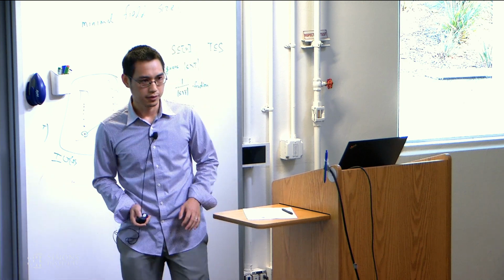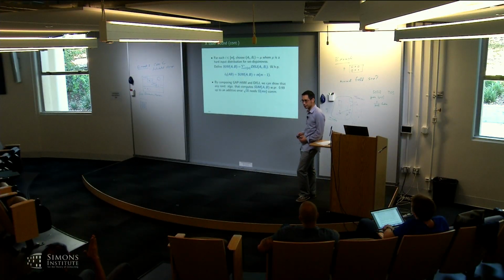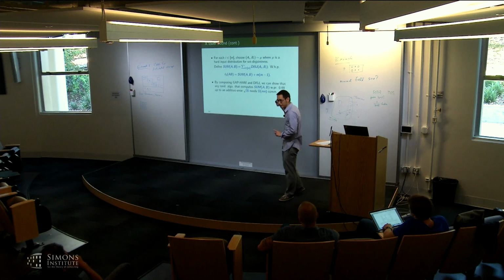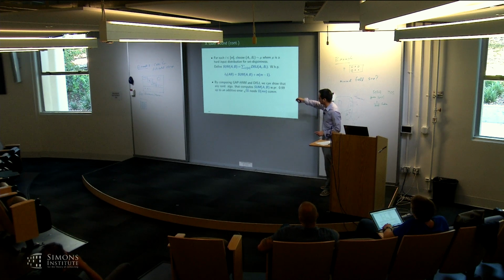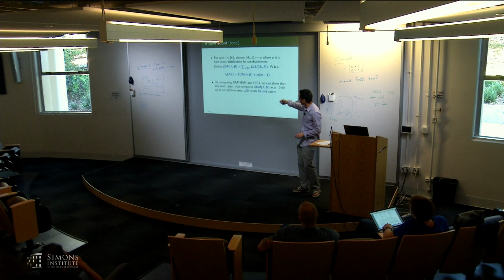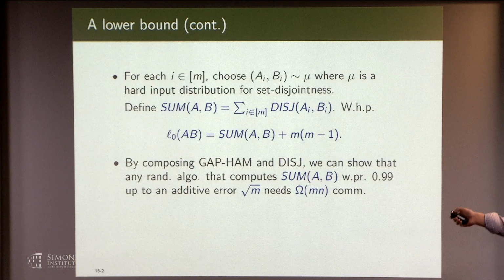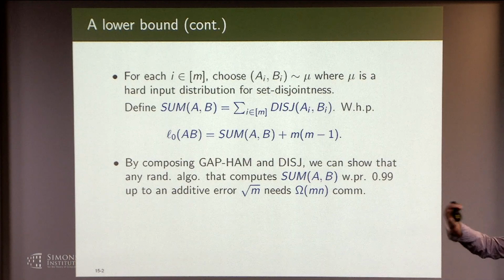Yes, I got lost on something. What happens with A_i and B_j? They don't have any relationship between them, right? You're taking the product of A_i and B_j. That's definitely counted in the... So this term counts A_i and B_i, and this term counts A_i and B_j with j not equal to i.